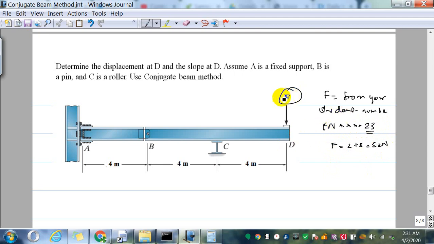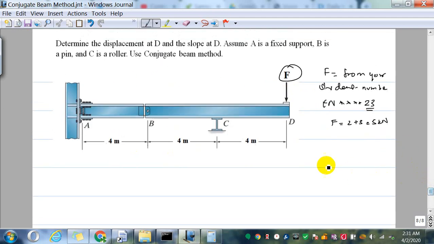So you get your relevant F value using the last two digits of your student number, and sum those two digits, you get your load. You apply that load and work out this problem on paper and take a snapshot or a scan.